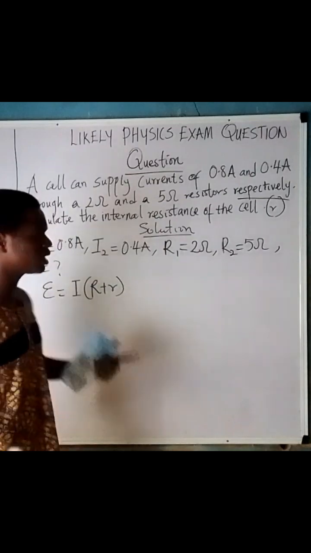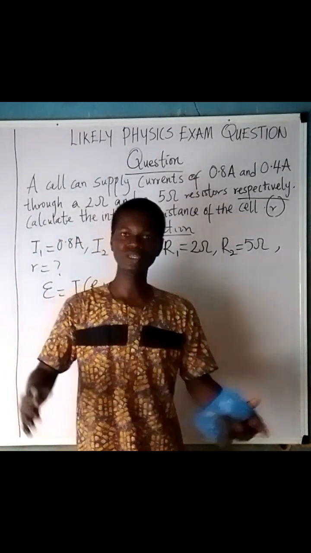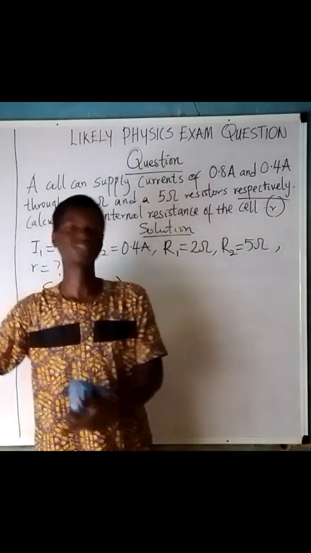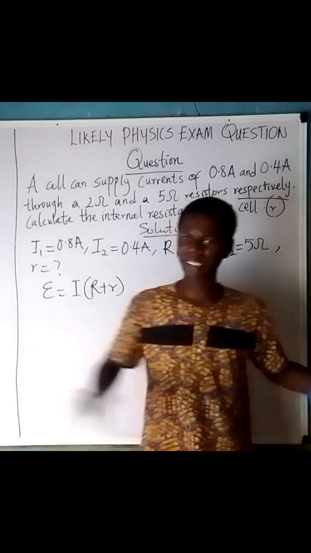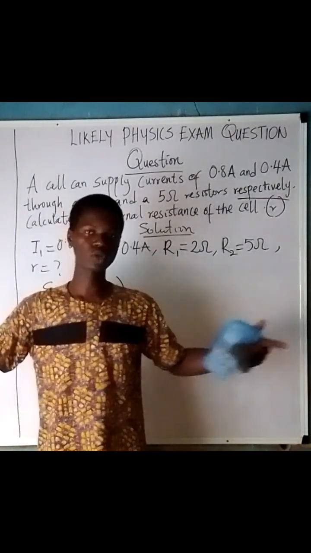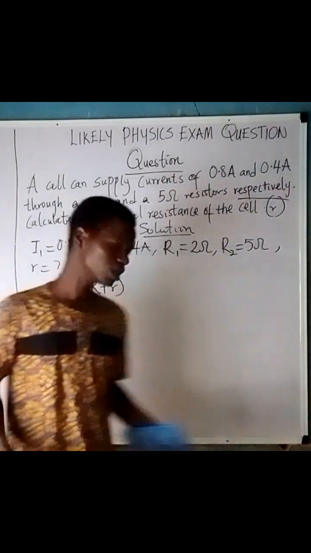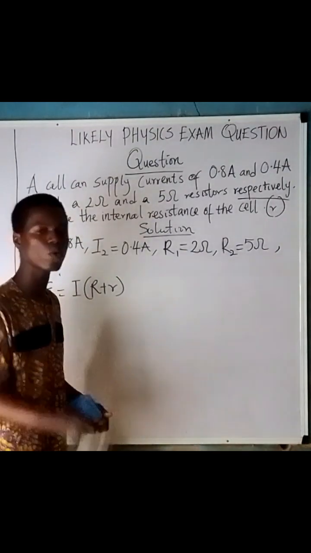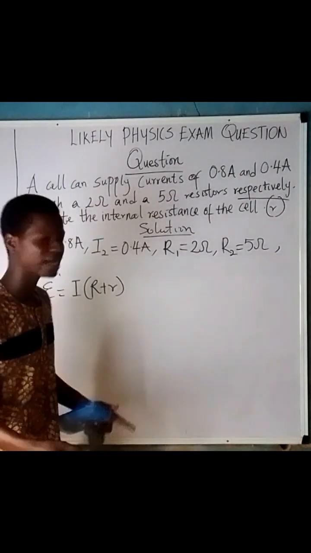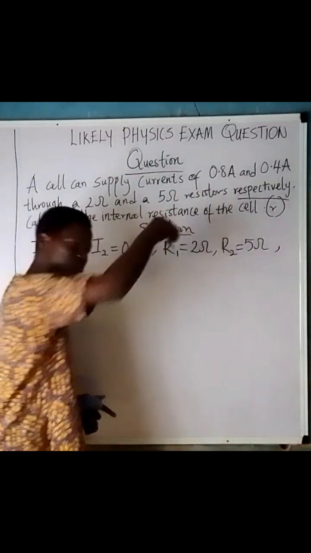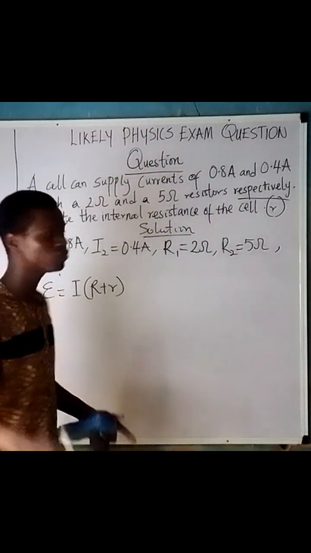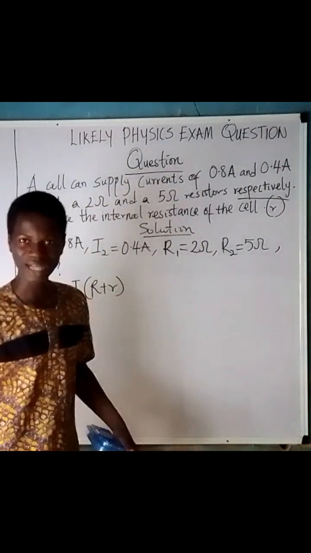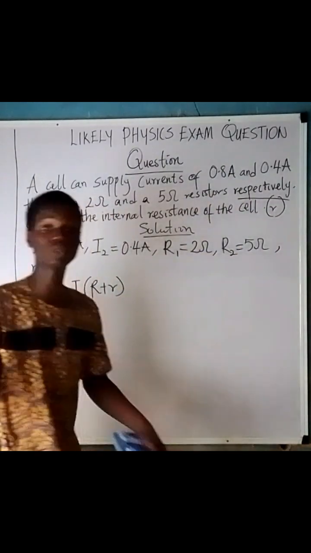Now how do we form a comparison between when the current was I1 and when the current was I2? How do we draw a relationship between these two scenarios? Take note, for EMF of a cell, no matter how you alter the resistors attached, and because of that alter the current, there are two things that will never change.